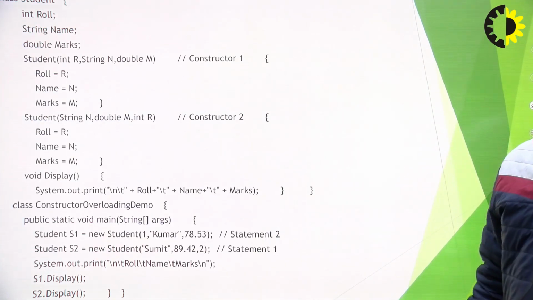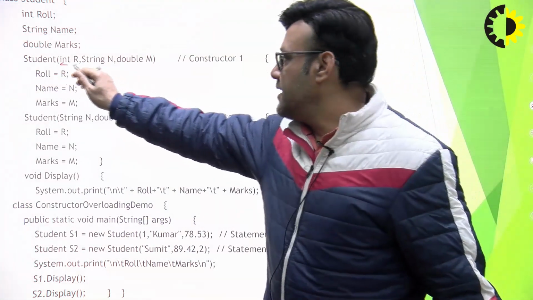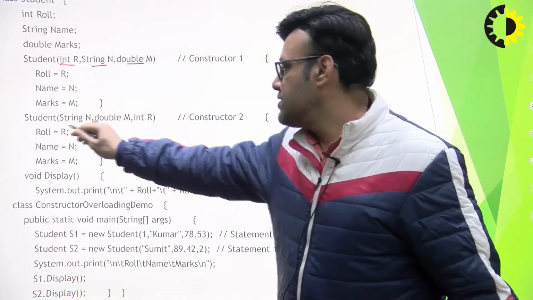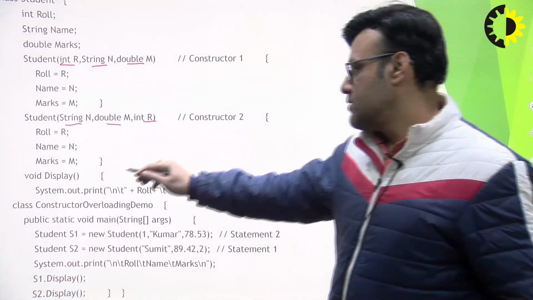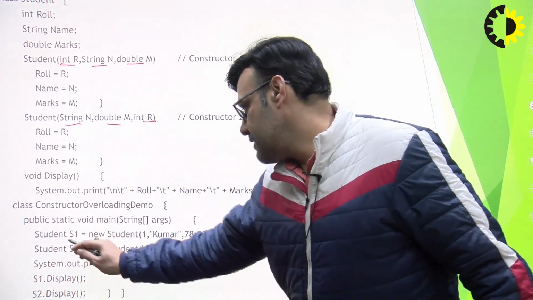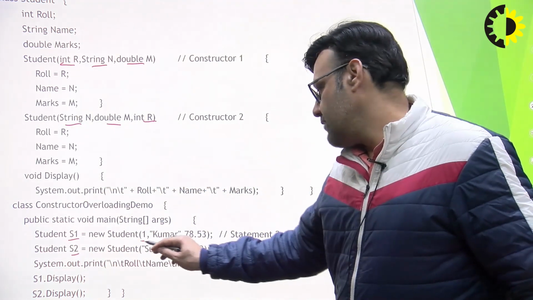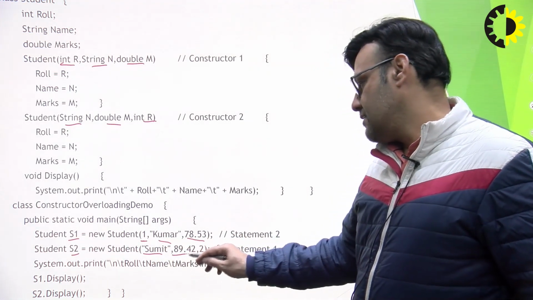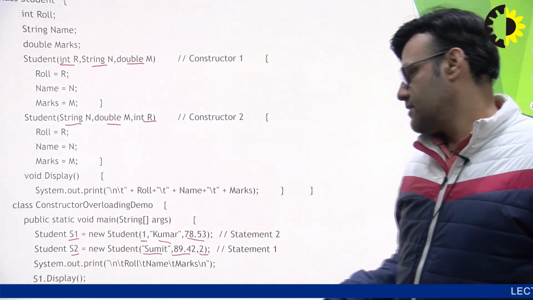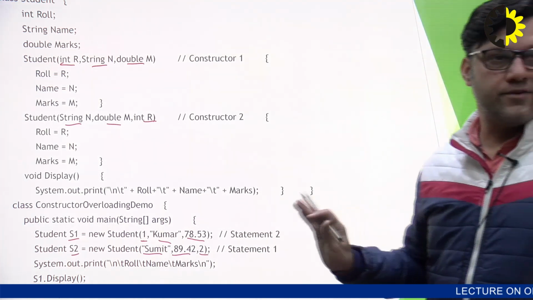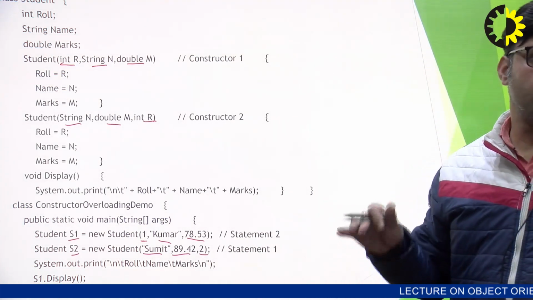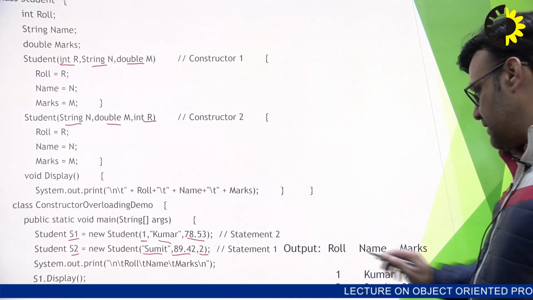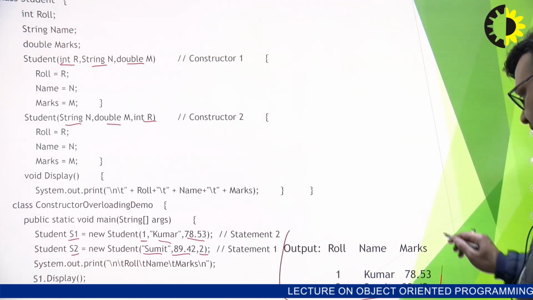See, int R, string, double, int. So we have used here, see, first S1, 1, Kumar, 78.53, then string, float and integer. In a similar manner, we can also do overloading of constructors, and the output will be printed like this.